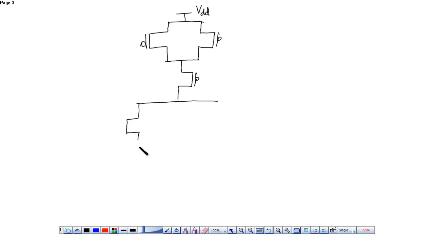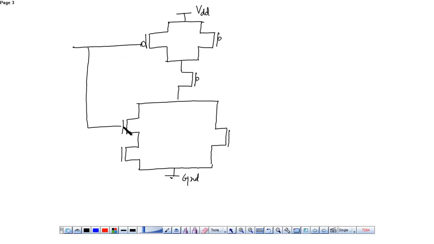Now here the NMOS is in parallel. So this A is connected over here.